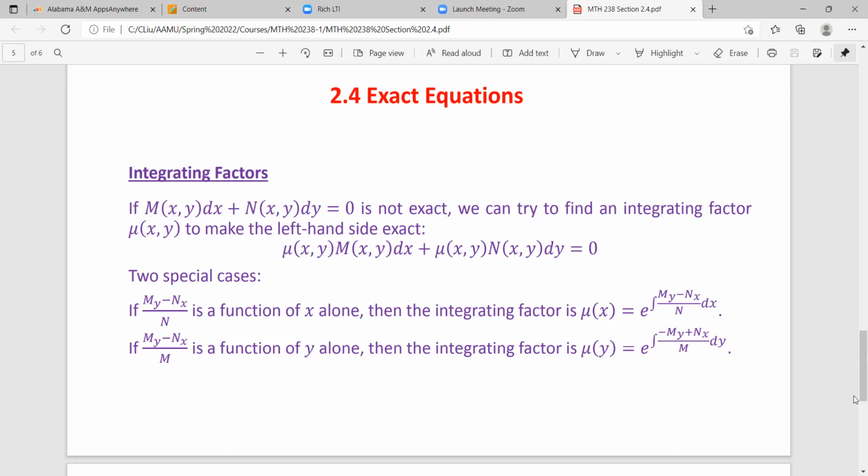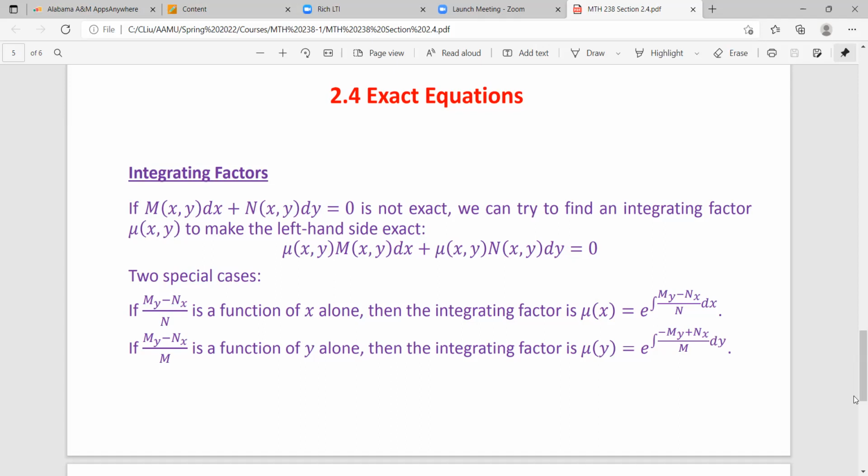Then we can use the procedure in this section to solve it, as we did in the examples. In general, finding the integrating factor mu in this case will be complicated, but there are two special cases that we can solve easily.